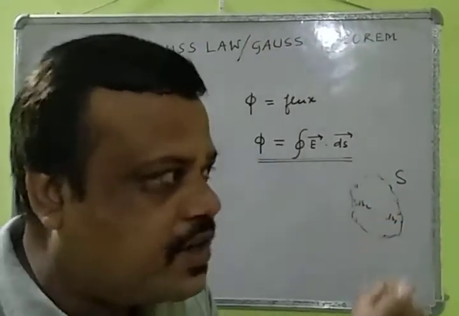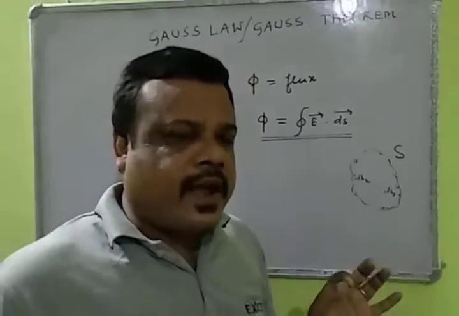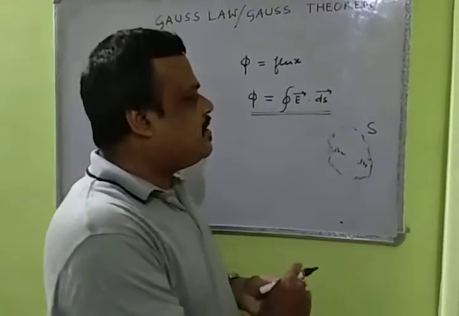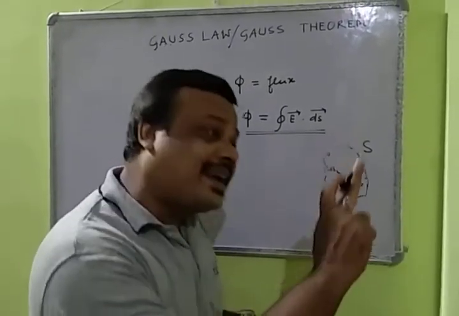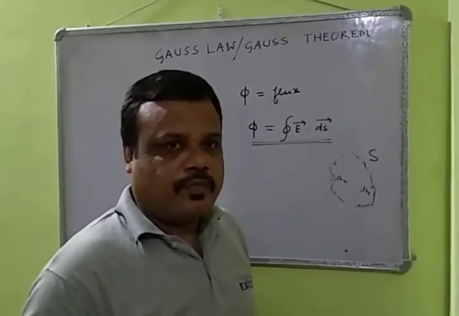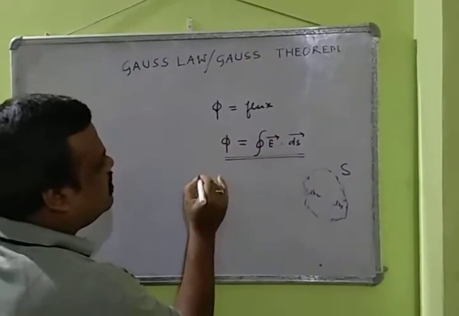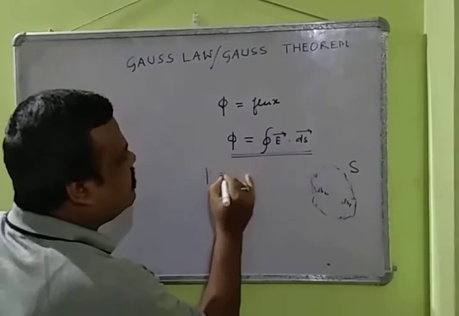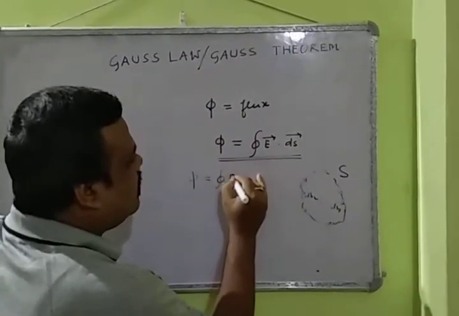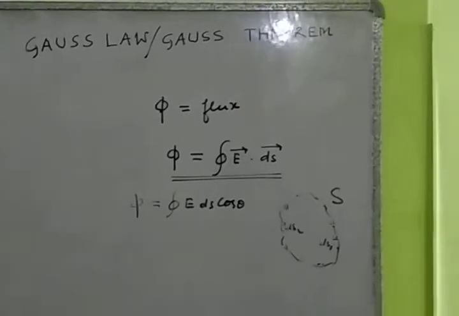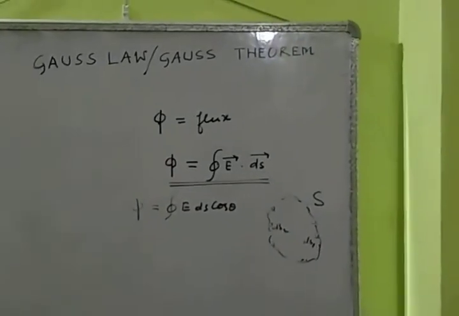Then we can imagine that dS is so small that the electric field is constant over the entire dS. So it is a dot product, and we can write flux equal to E dS cos theta.